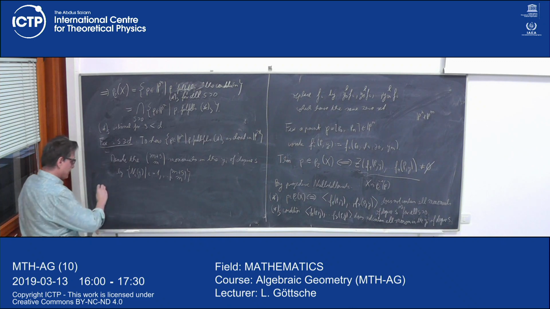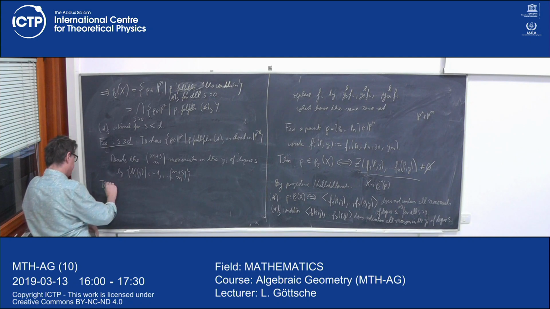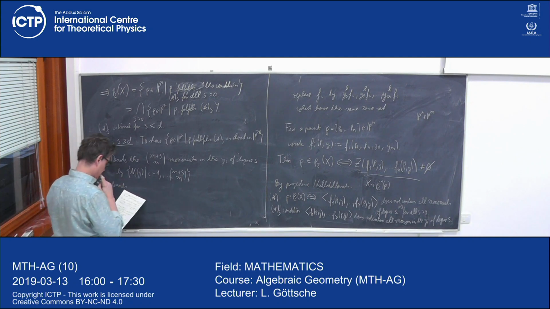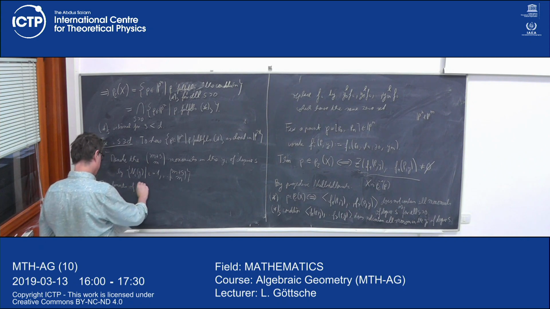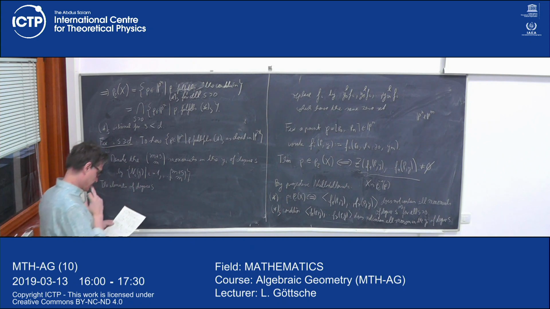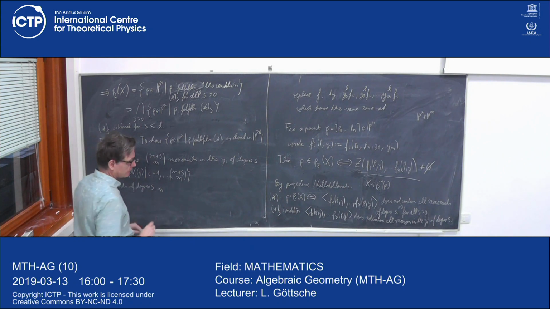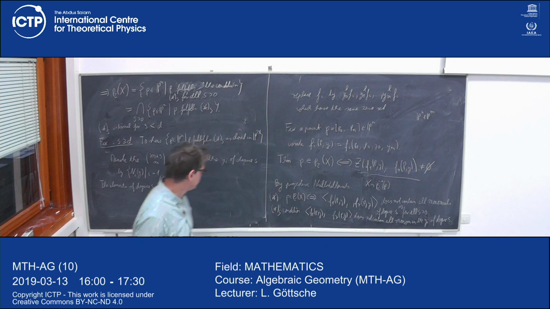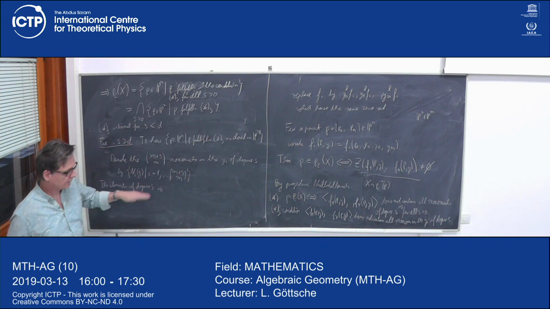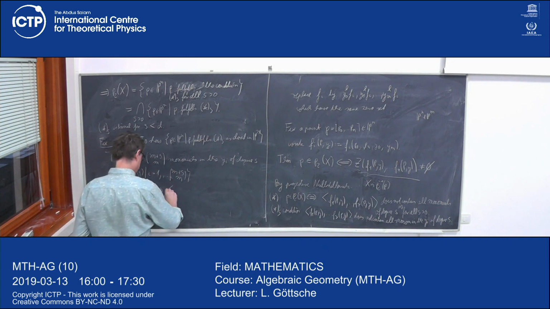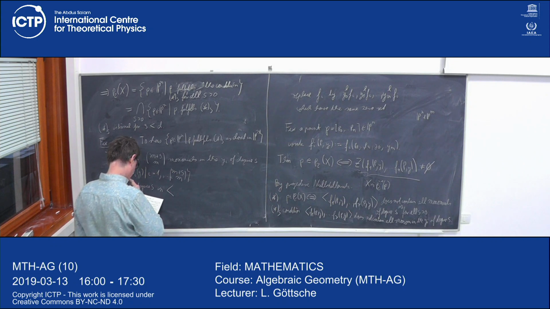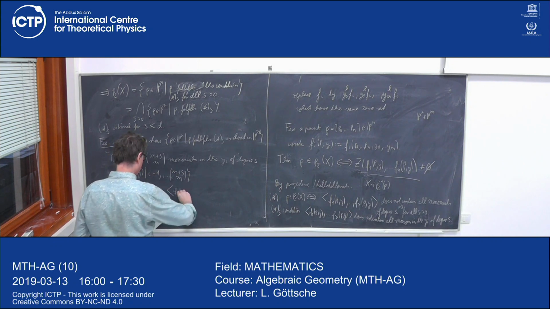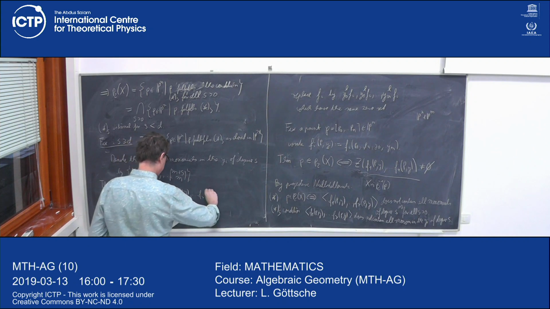So what are the elements of degree S in this ideal that we are talking about here? The elements of degree S in the ideal generated by F1 of Py until Fr of Py.